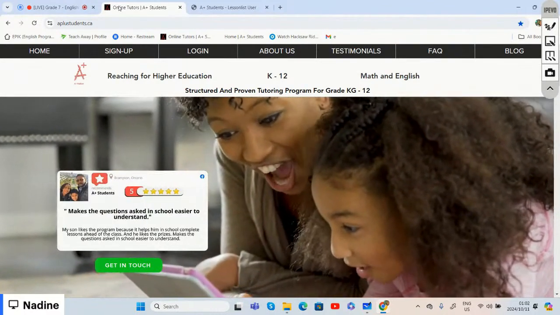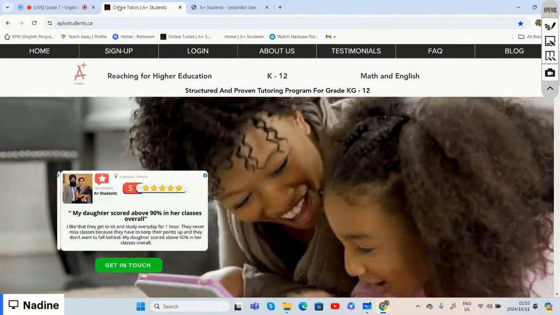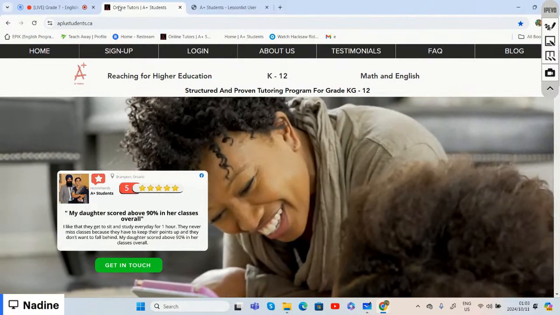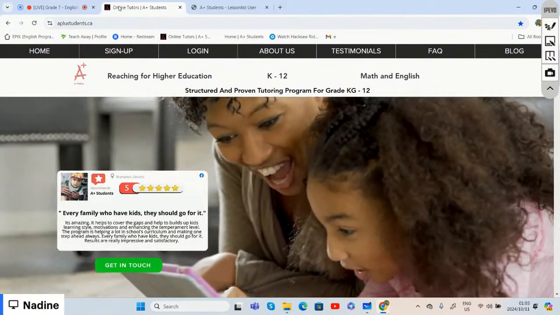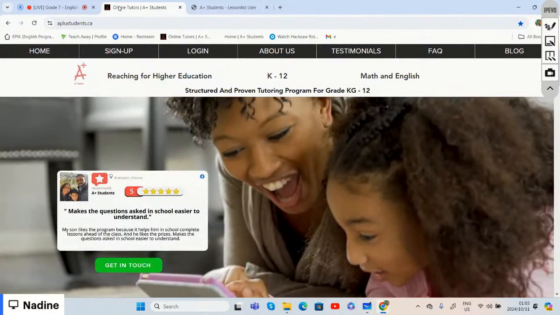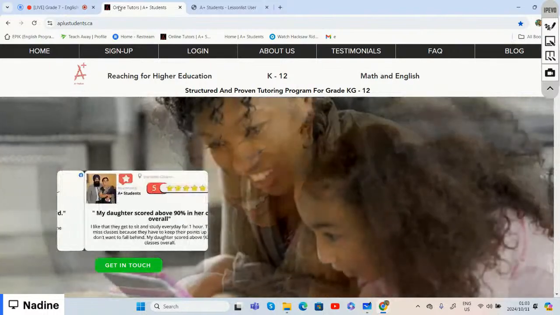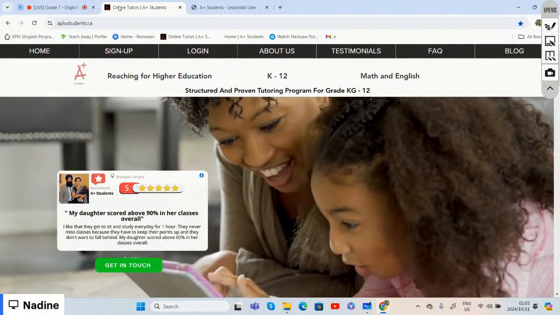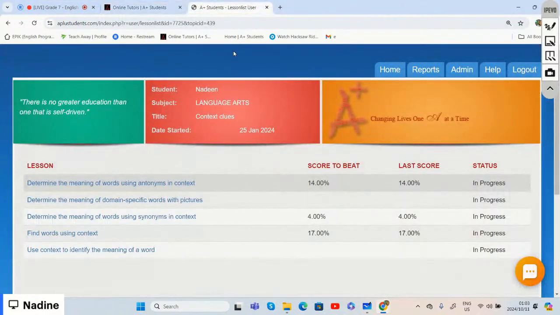Once we've logged on with our username as well as our password, we're doing context clues grade 7. And then we're going to scroll down until we get to our chapter of context clues.